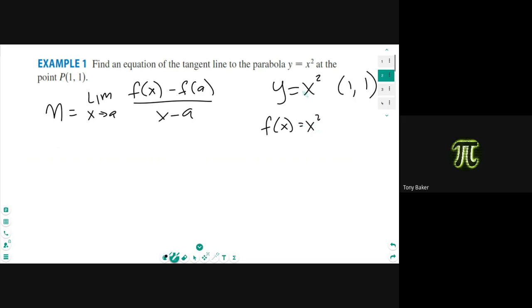Because remember, y and f of x are basically the same thing. They're interchangeable. So what's a? That's the one in the point. So that's a. So what's f of a? Also 1.